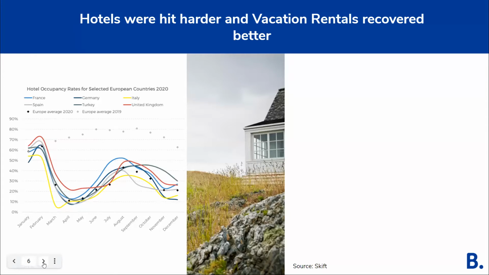And then just looking back throughout 2020 at the hotel occupancy rates for European countries, we've seen pretty much a very similar trend throughout Europe, with Italy, highlighted there in yellow, consistently underperforming compared to its peers, more or less because of the coronavirus hitting Italy quite hard during the first wave.